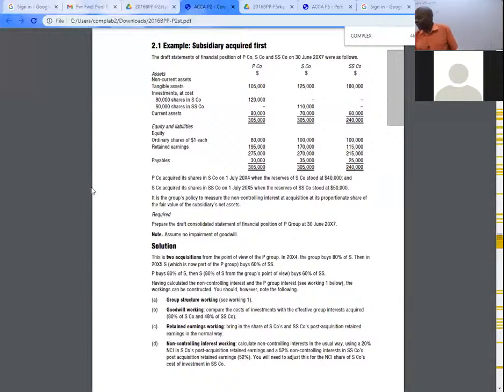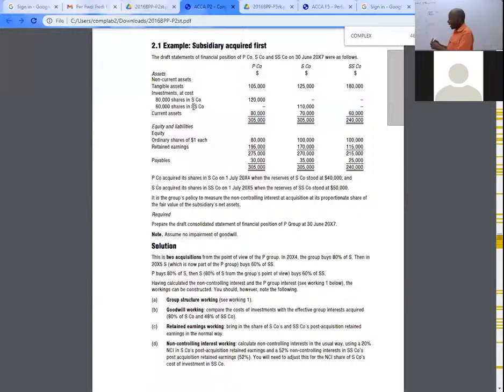Look at the next holding. We are told that this company called S happens to have 60,000 shares in SS. S's investment is worth 110,000, and for this 110,000 they were given 60,000 shares in SS.